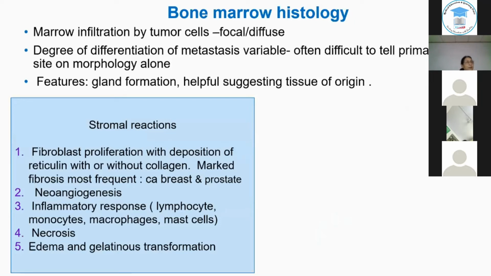Then there may be neoangiogenesis, that is new vascular formation. Then there may be inflammatory response in the form of lymphocytes, plasma cells, macrophages, and mast cells. You may also get necrosis, as I have shown you in the previous slide. Then there may be edema and gelatinous transformation.